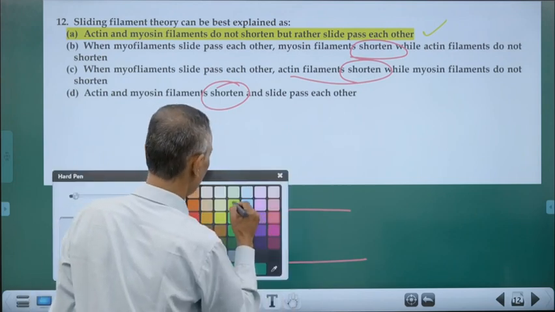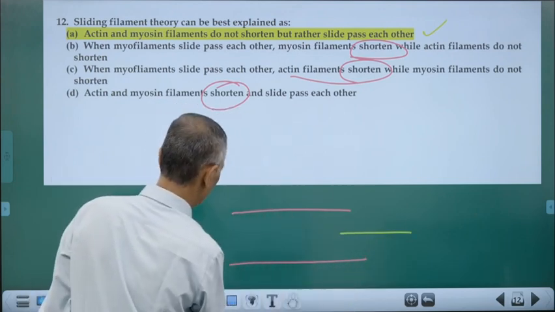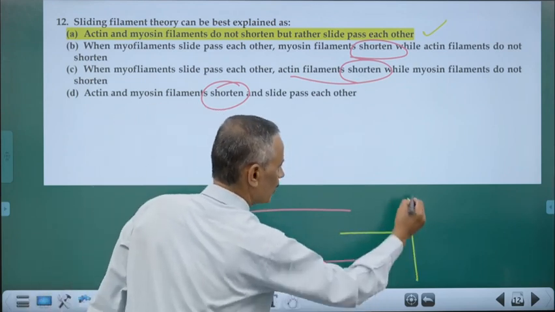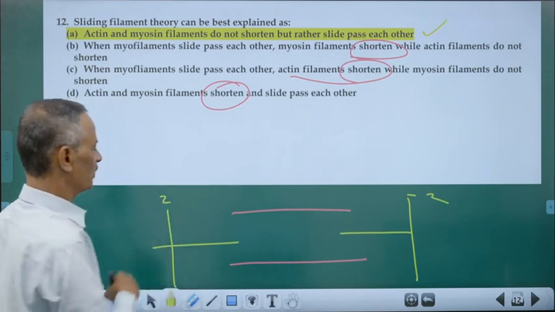See, originally, this was the condition. This is the Z line, and say for example, this is another Z line.